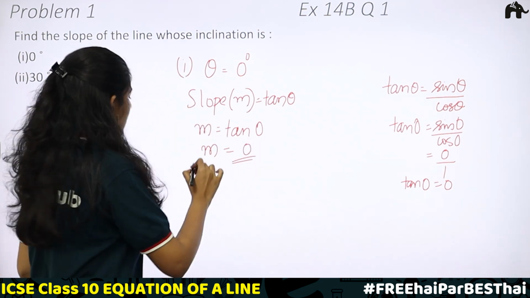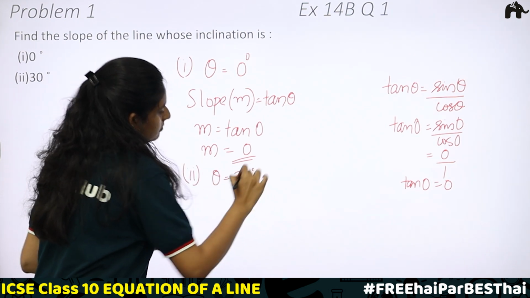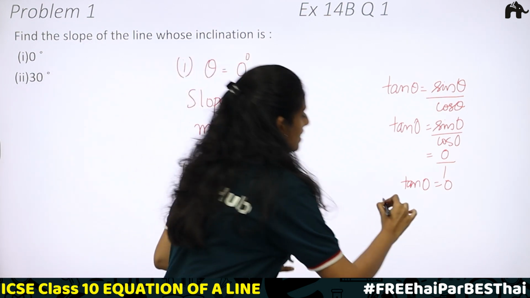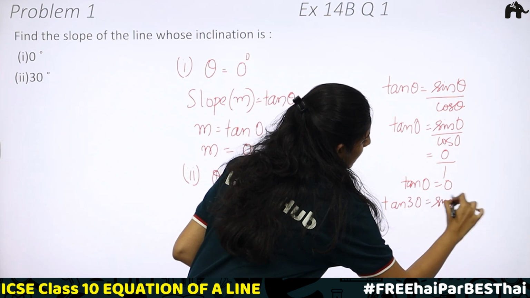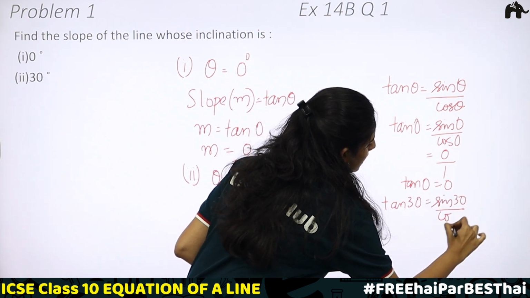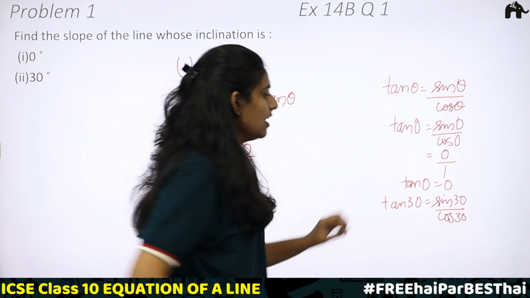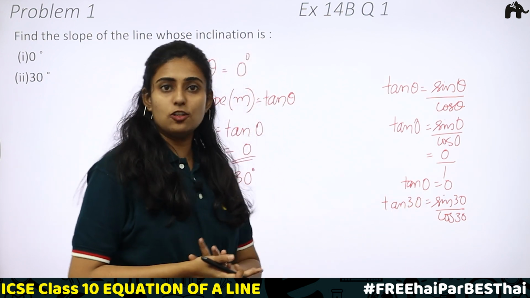Okay, now the second, we have inclination theta is equal to 30 degree. What is tan 30 degree? Tan 30 degree is equal to sin 30 by cos 30. If you have studied all the trigonometric values, then it will be easy. From sin and cos, we can get the value of tan 30.